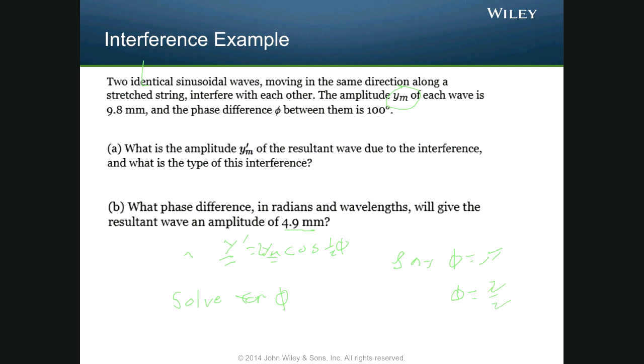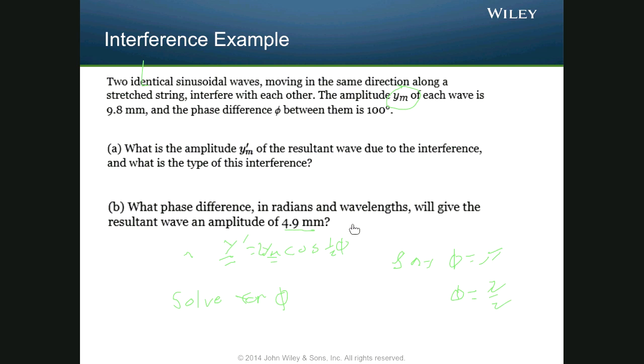Professor, quick question. The y prime is the displacement, which is the phase difference? No. So right now what we're looking at, we have the displacement, right? This is the displacement term. The displacement term of the combined wave is equal to 2 times the amplitude of the original wave, that's the ym, times cosine of 1/2 of the phase difference, phi.